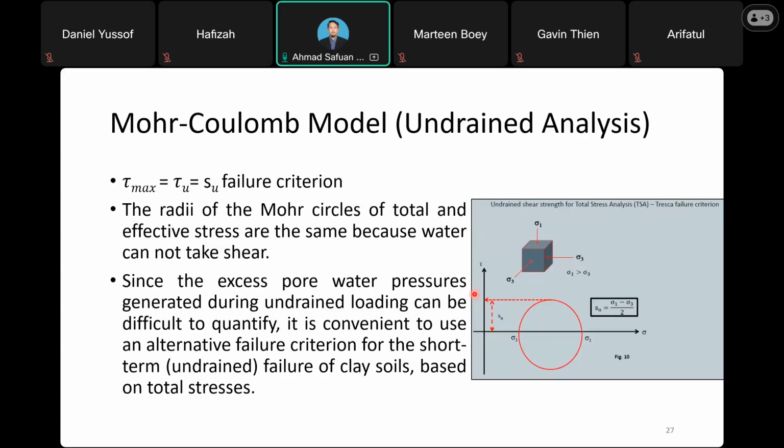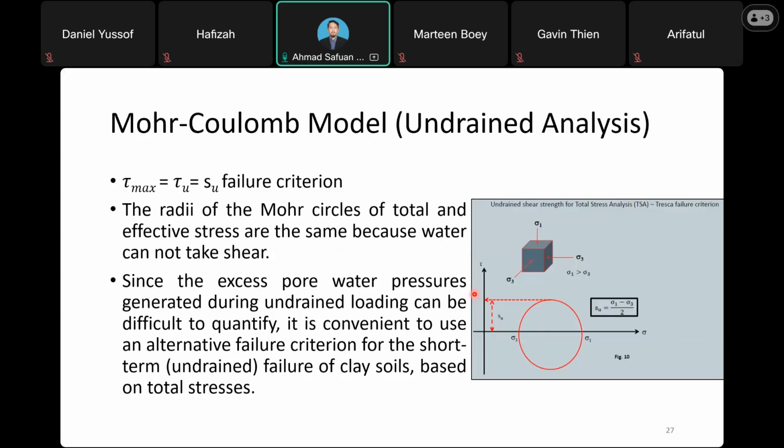Since the excess pore water pressure generated during undrained loading can be difficult to quantify, it is convenient to use an alternative failure criterion for the short-term failure of the soil clay based on total stress.